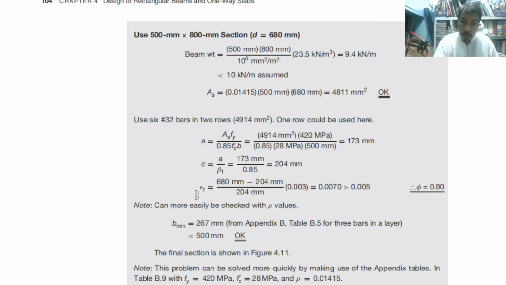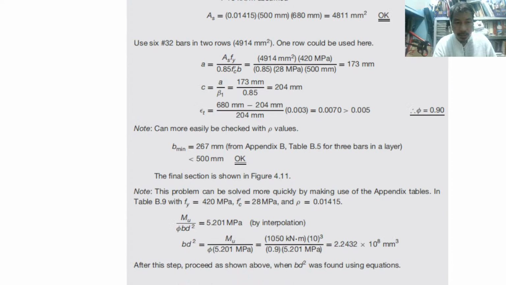So tensile strain, you can find out to be 0.0070. And that is greater than 0.005. Therefore, this is okay. This is ductile, tension controlled. So therefore, phi is equal to 0.9 is okay. We are able to prove that this is okay. Okay?